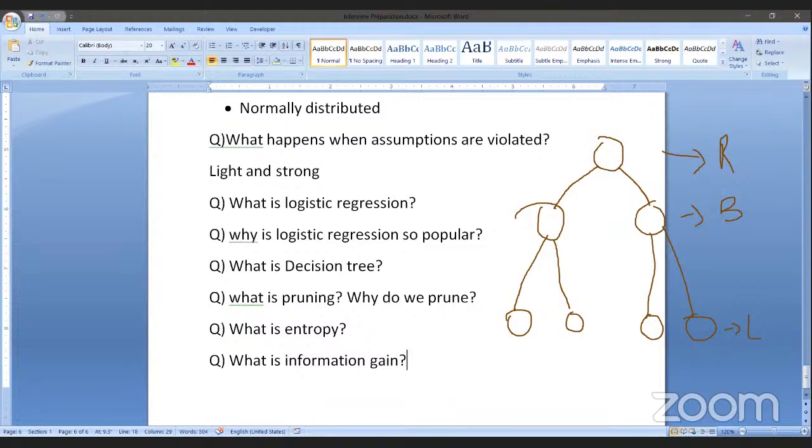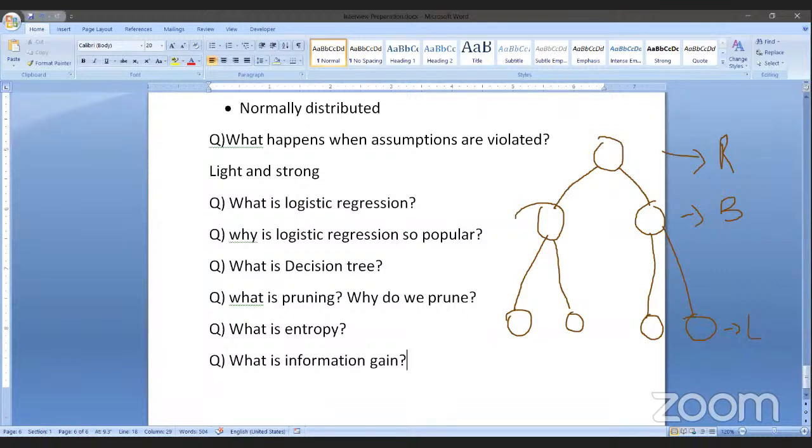So information gain is the change in entropy before and after we decide a node. When we are building a decision tree, at each step we have to create a node and decide which feature to take as the attribute for this node.